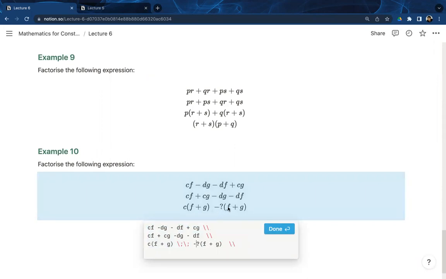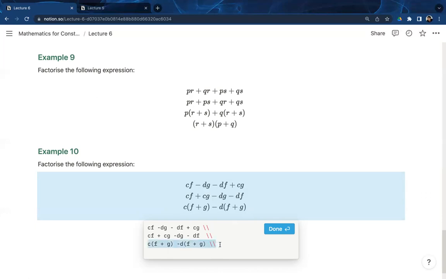And something by F is DF. What by F is DF? We have one possibility for that. That's D. And then we check, is negative D by G negative DG? Yeah. And we're done. So I have two terms now, and both of them have F plus G that is common.